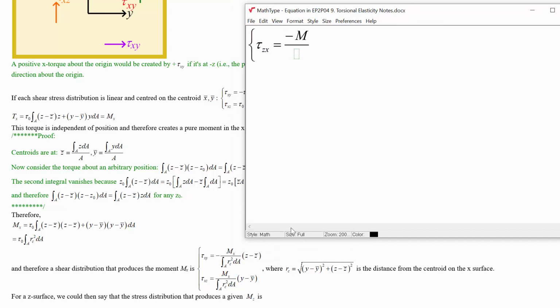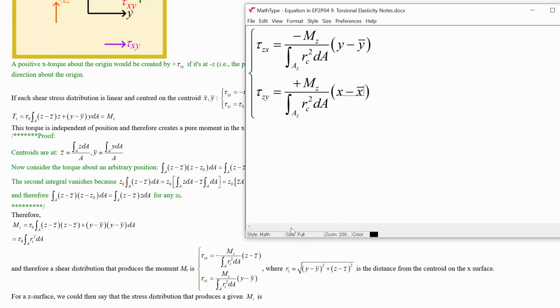So negative Mz over the integral of Rc squared over A dA. This now is over the area of that z surface, times the y distance, y minus y bar, and tau on z in the y, given by positive Mz over the integral of Rc squared dA over Az, times the x distance away.